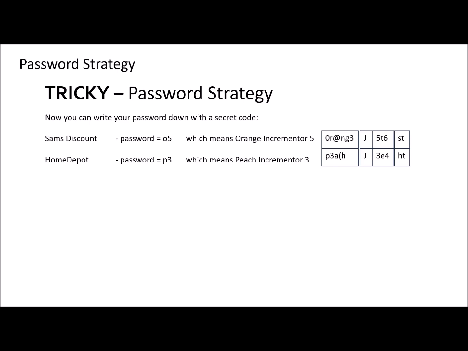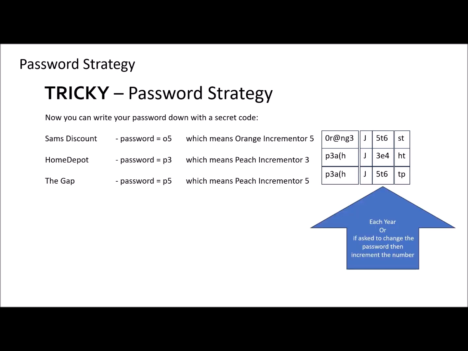We have the J, the keyboard pattern for the 3 incrementer, and then the HT definition for our location. Same with the Gap. If we wanted to create a password and we just write down P5, it means that we're using the peach, incrementer 5.